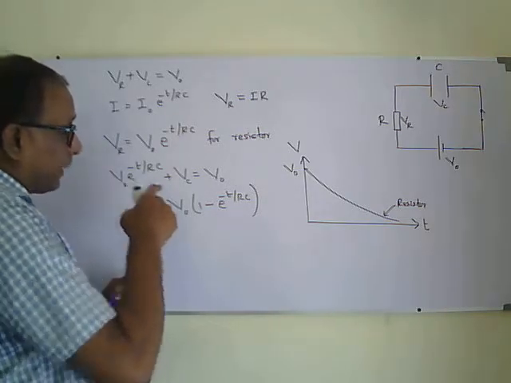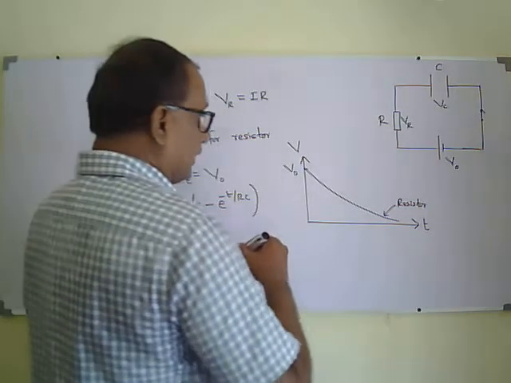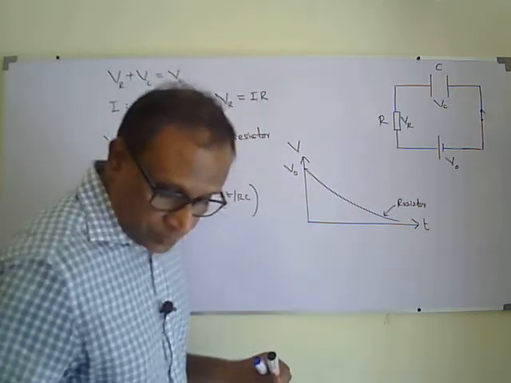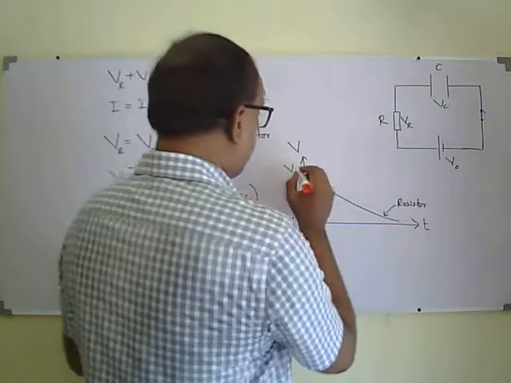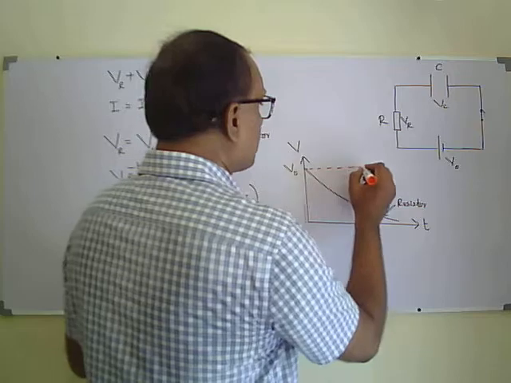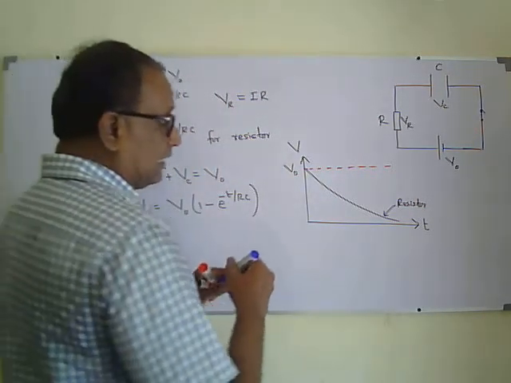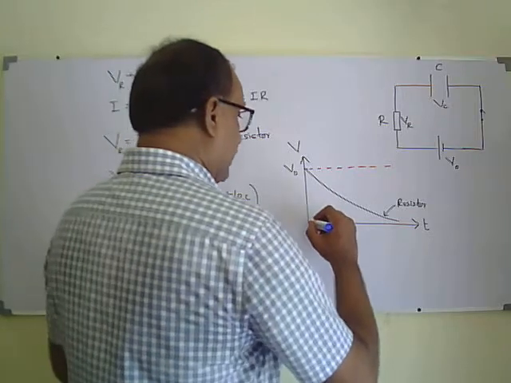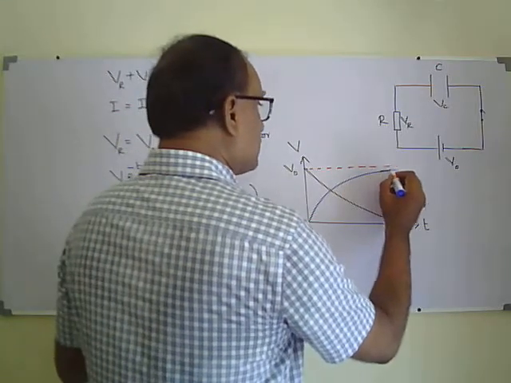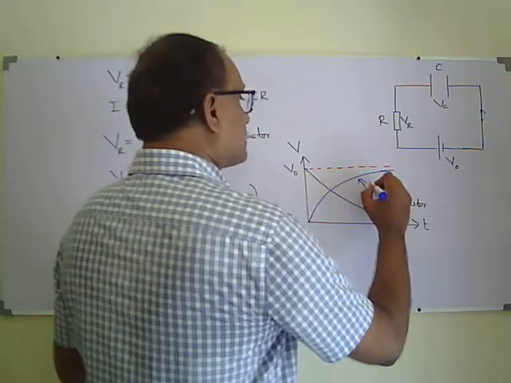So for the capacitor, the graph will be like this, because VR plus VC is always constant. So the voltage across the capacitor will be initially 0 and it will vary like this. This is for the capacitor.